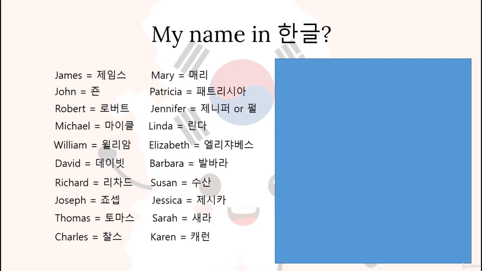I thought that it might help referencing this. So maybe let's say your name is not James, but it sounds similar to James, or maybe your name is Jane. Then you could reference this.